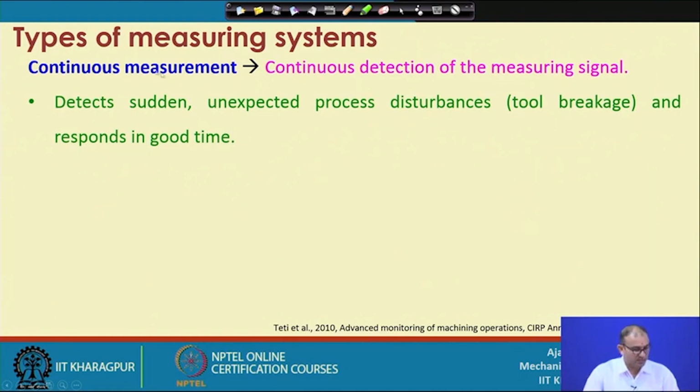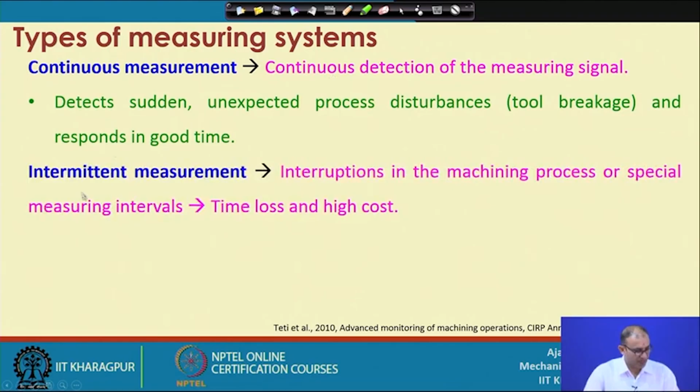If you measure something in a continuous operation, then we can stop the operation once you get some unwanted result or there is some problem in the system. That is the reason continuous measurements are very useful in real time monitoring of the machining operation. Another is the intermittent measurement, where you do a machining operation, then stop the operation, take out the cutting tool and then do the measurement.